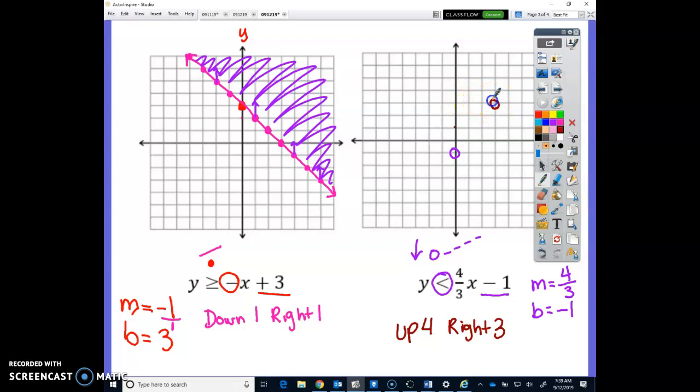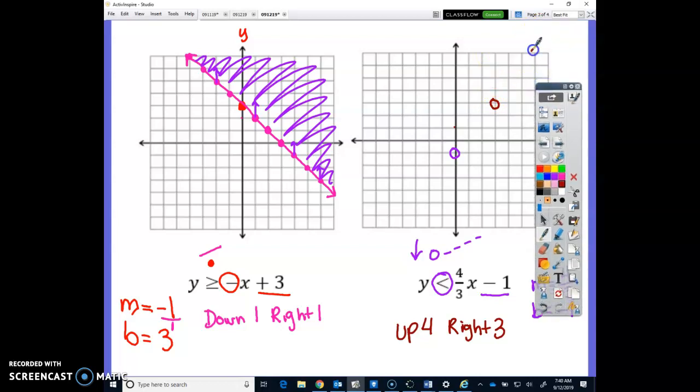Open circle. If I go backwards, it's over 3 and down 4. It's the pattern, but backwards. And then you have to connect it with a dashed line.